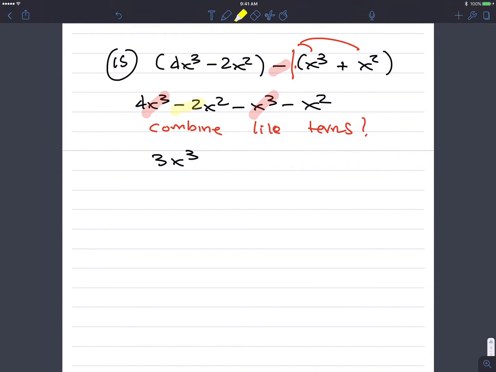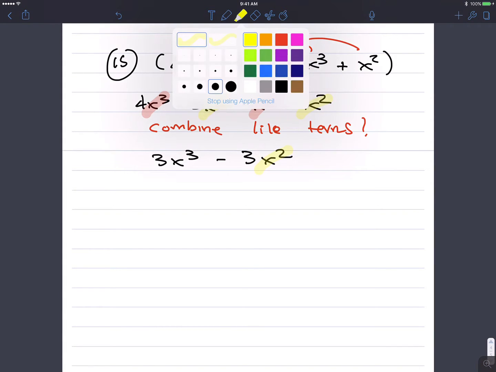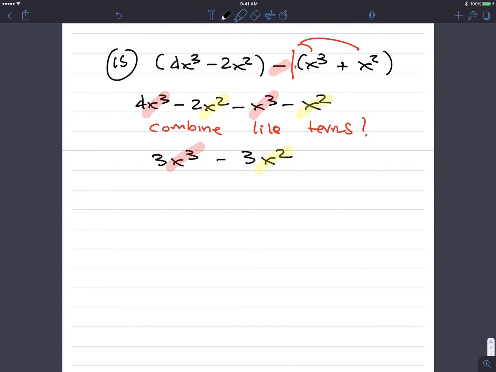I owe 2 bananas and I owe 1 banana. I owe 3 bananas. So let's be consistent. Bananas, bananas. I'm going to owe 3, and I have 3 apples. These terms are not like. We cannot subtract them. We cannot combine these terms.